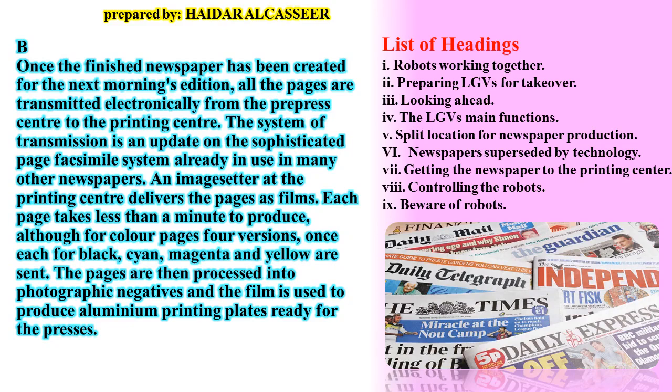Yes, it talks about electronic transmission, but it's not technology because it's not the main idea. The main idea is transmitting the newspapers. Number seven, getting the newspaper to the printing center. As we said, getting is transmitting, so that's the right option.